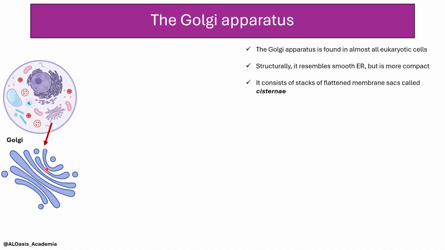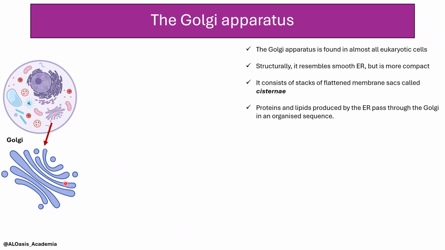The difference is that they look more compact compared to the smooth ER. It also consists of these flattened membrane sacs called the cisternae. Again, if you look at this word, remember where we saw it last time? I'm not going to say, go back in the video and try to recap. Where did we see it last time?